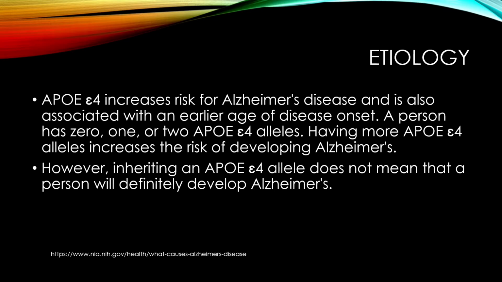Remember, you have 2 sets of chromosomes, your genes that you inherit from your parents. If you have 2 copies, then it increases the risk. But as I said, also going back to lifestyle and genetics, just having it does not mean that a person will actually develop Alzheimer's.